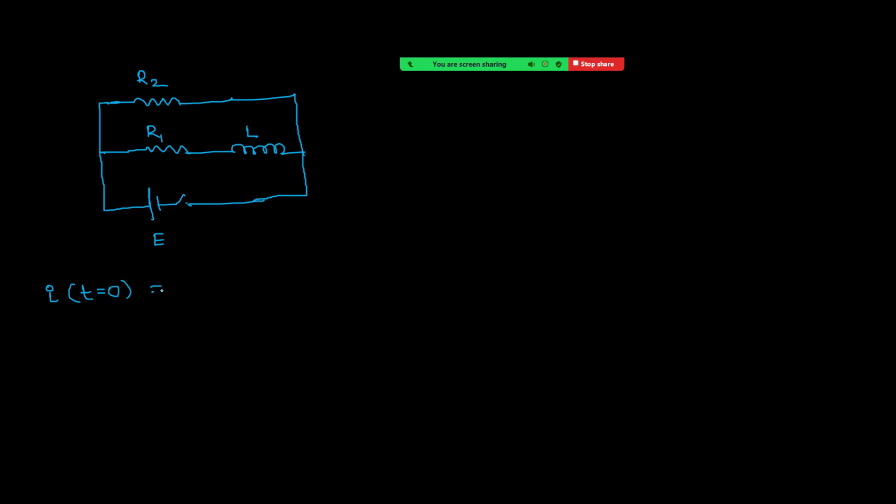Just after closing, the inductor will be just like an insulator, no flow of current in this way. And you can see carefully, across R2 the potential difference is always equal to E, irrespective of the current passing through this one.